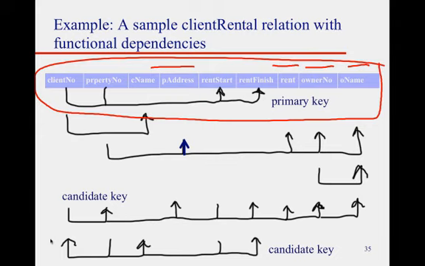We would be duplicating that information. By moving that information off into its own relation, we're no longer going to duplicate it. Now there'll be only one record for each property. And we won't be duplicating the property address, the owner's name, the owner's number, etc.